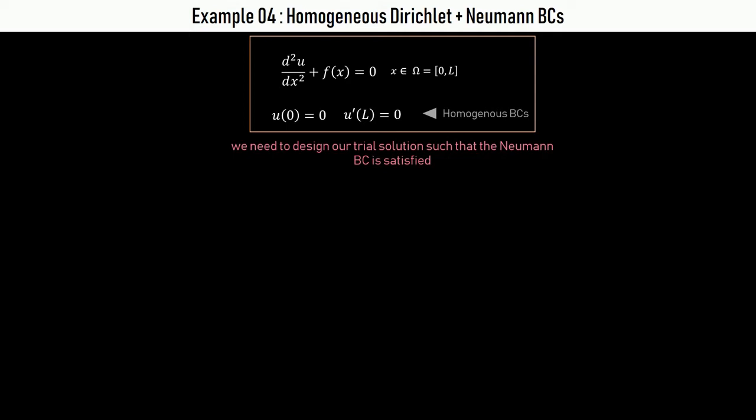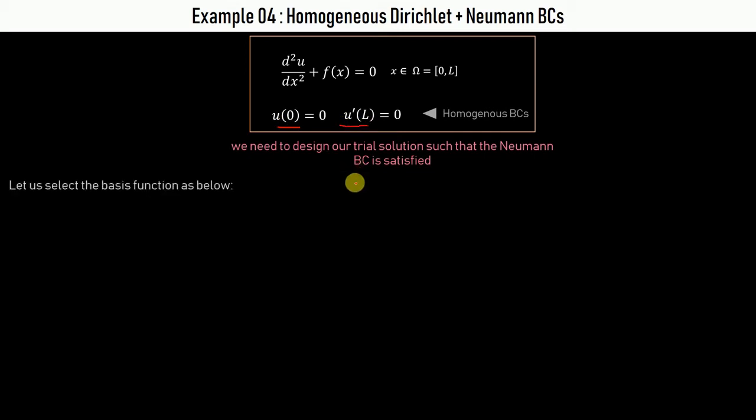We'll call those trial solutions the permissible ones. Now how can we construct a trial solution or approximate solution UH such that these two boundary conditions, the essential and the Neumann boundary conditions, are satisfied?